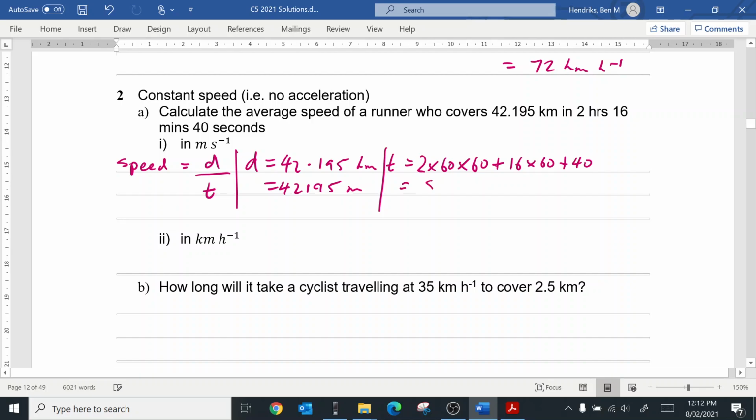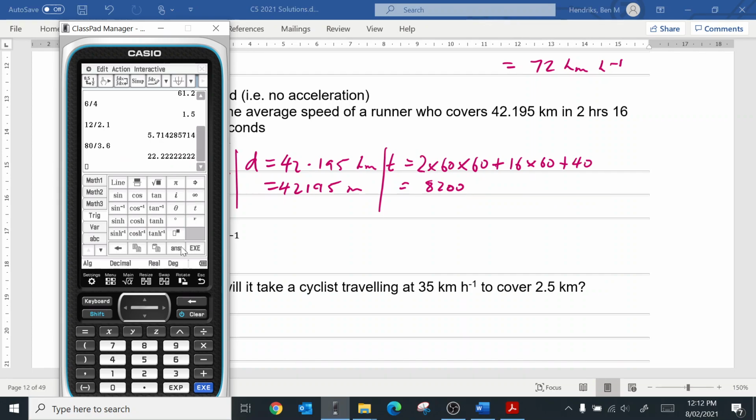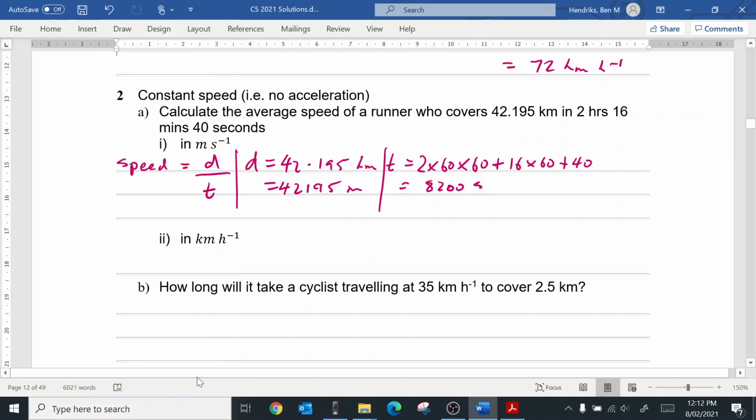Let me put that in the calculator: 2 times 60 times 60 plus 16 times 60 plus 40 is equal to 8,200, and that is seconds.